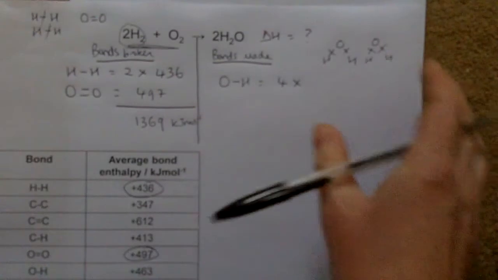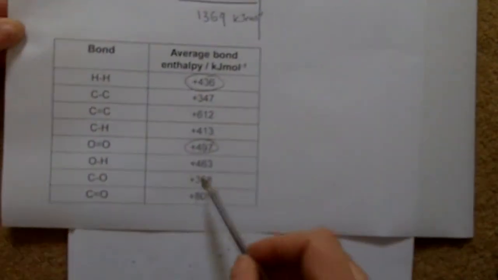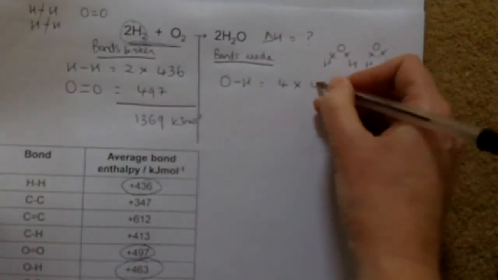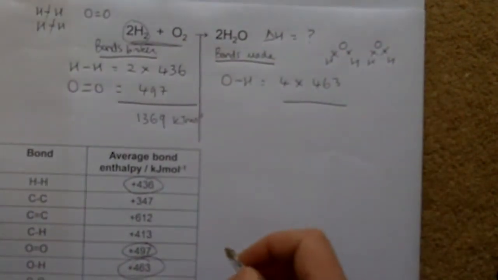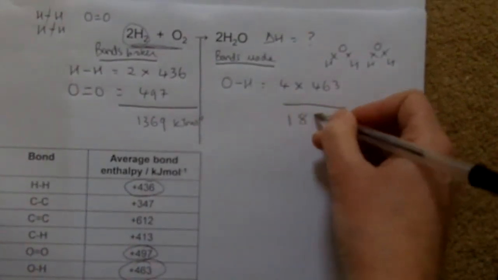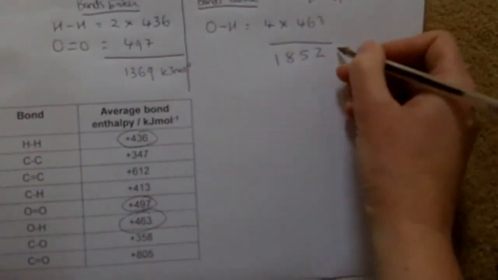Make sure you're working nice and clear, and you will not make any mistakes. The OH bond is 463. So I'm going to go 4 times 463, and there's nothing else. I total that side, and it comes to 1852 kilojoules per mole.